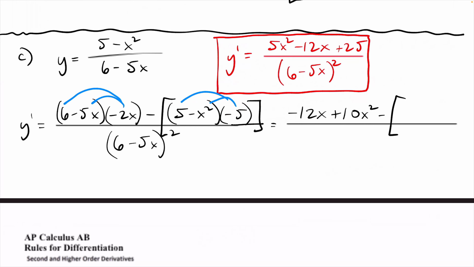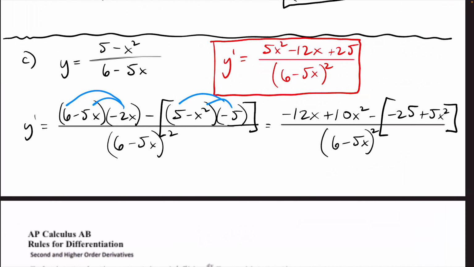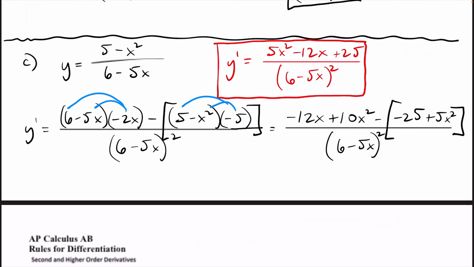So then I'm going to distribute the negative 5, so I get negative 25 plus 5x squared. Okay, now I'm going to distribute the negative and combine like terms.